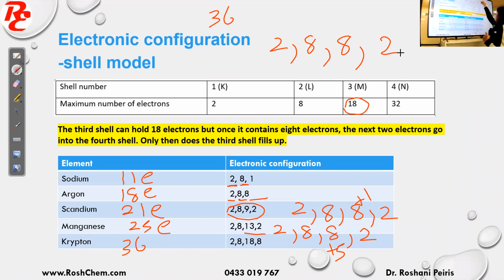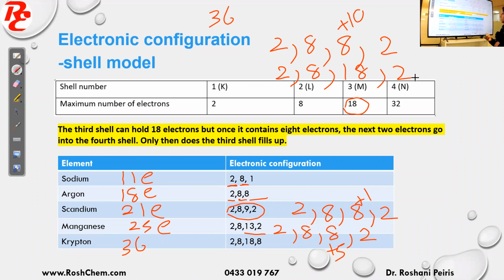The third shell can have a maximum of 18, which means I can only put another 10 here. So that's 2, 8, 18, 2. That's 2, 8, 10, then 28, 30 only.